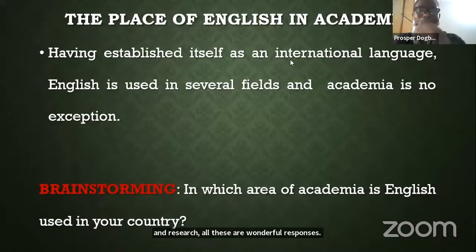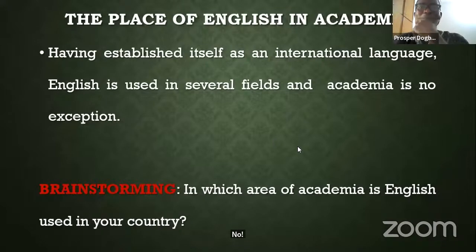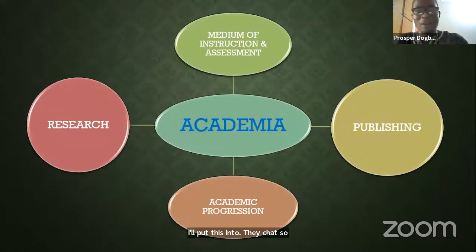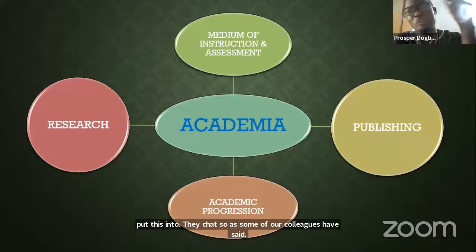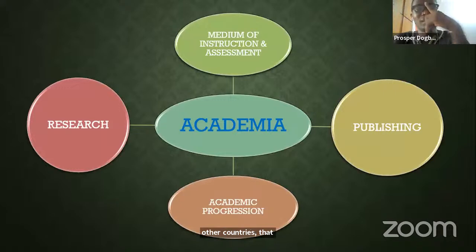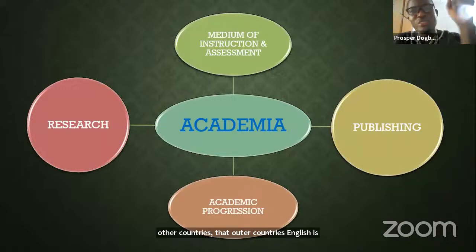Now, I'll put this into the chart. So as some of our colleagues have said, in the situation of Ghana, and across many of the outer circle countries, English is used as a medium of instruction and assessment.